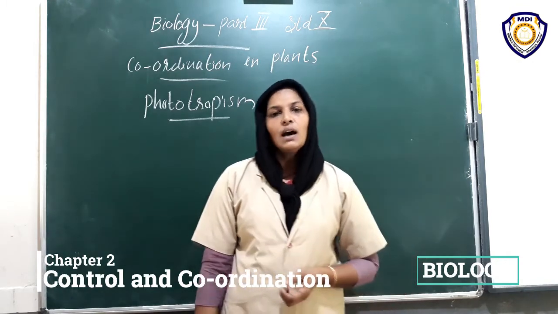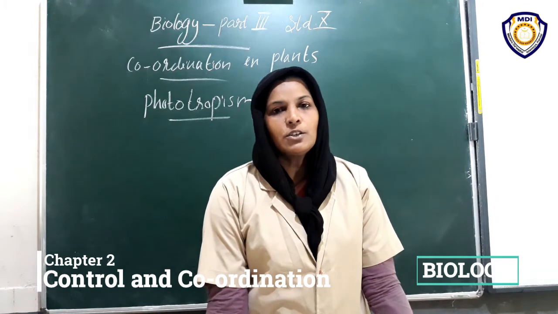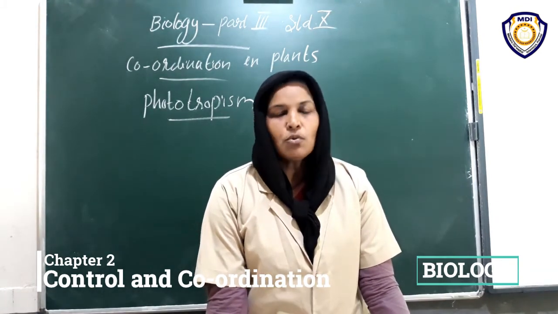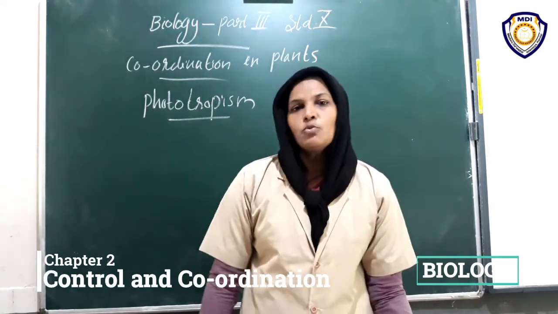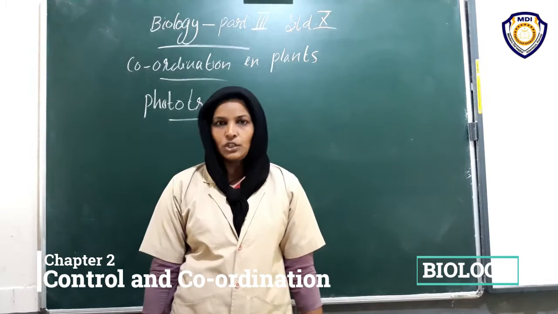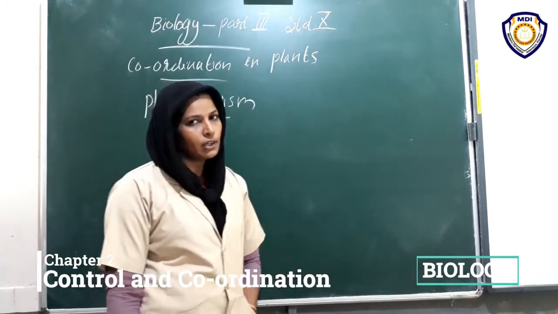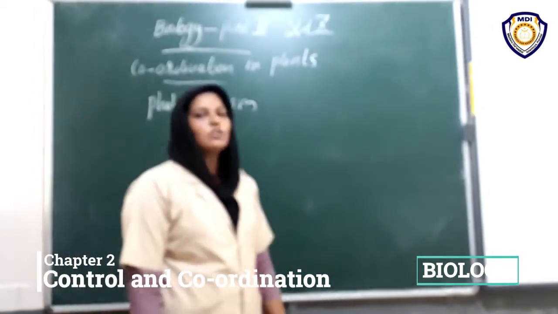Tropic movements are movements of the plant body towards the stimuli or away from the stimuli. That will be the definition. If the movement of the plant body is towards the stimuli, such movements are called a positive tropism. Tropic movements are otherwise known as tropism. Are you clear? Tropism. So, negative tropism and positive tropism.